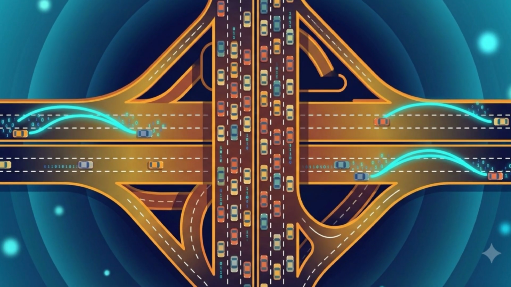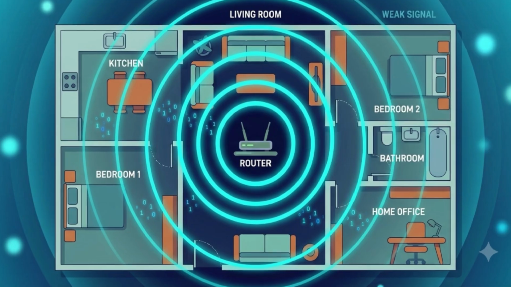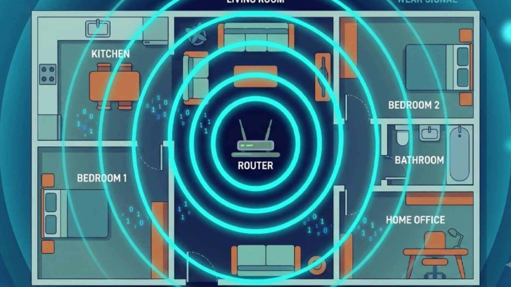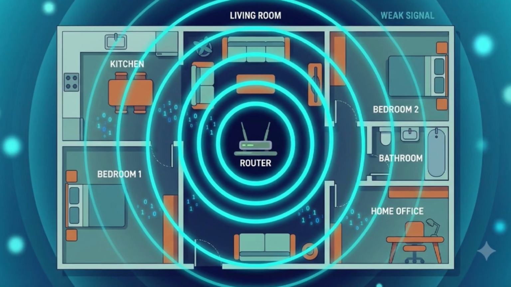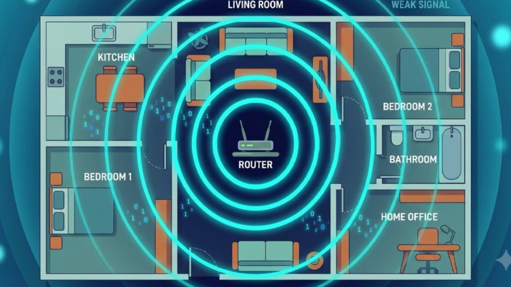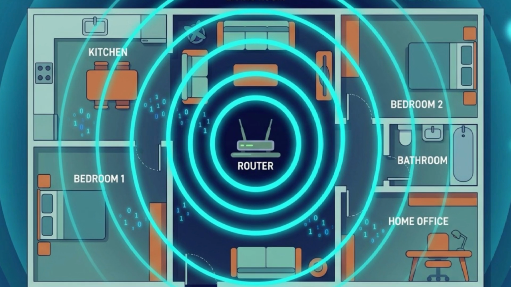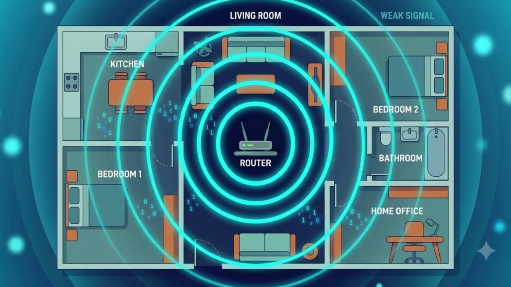And here's a mix-up almost everyone makes. Wi-Fi is not the same thing as the internet. Wi-Fi is just the messenger, the invisible light that carries data inside your home, between the router and your devices, without needing a cable.